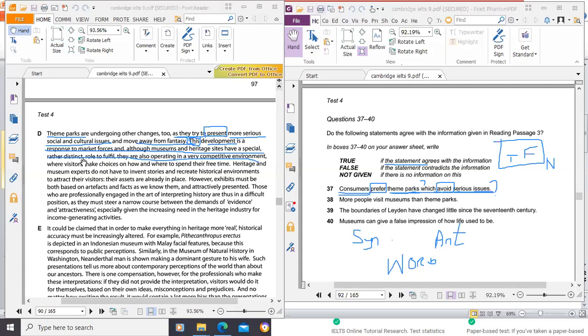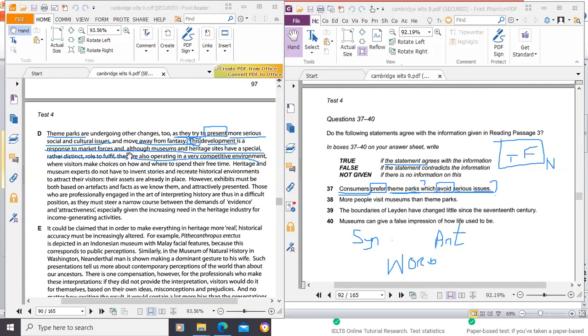Okay, so I've convinced you that this is the information we are looking for. So, consumers prefer theme parks that... we have seen that consumers are involved here, because it is also possible that this statement is not given.